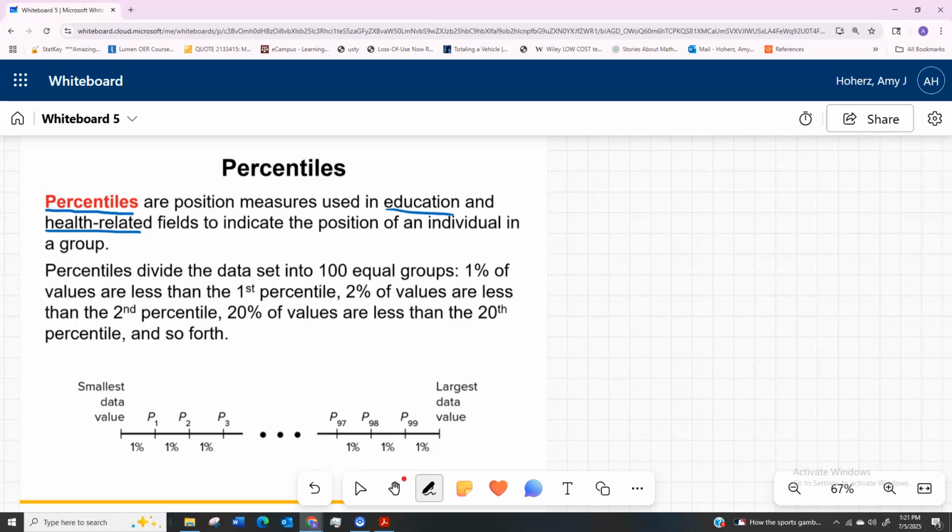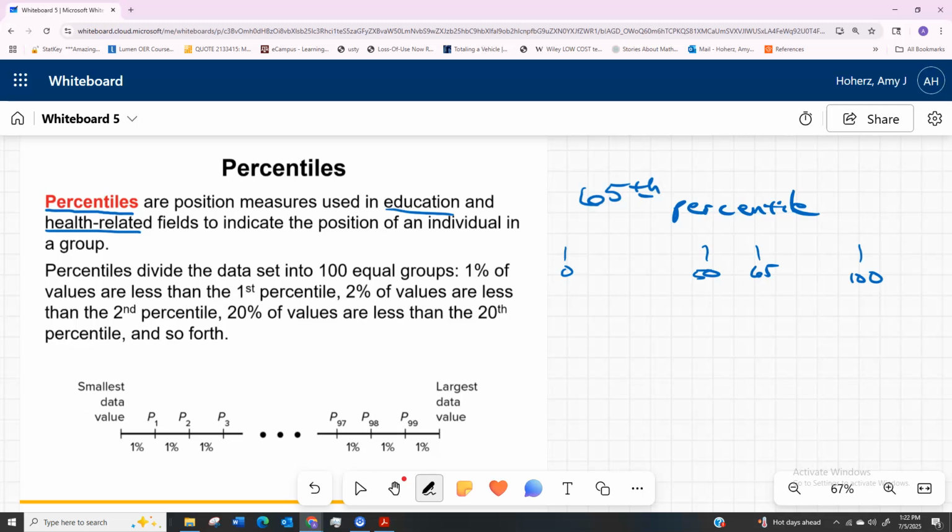So it will say something like you were at the 65th percentile. Well, what does that mean? Well, that means that if you took a sample of 100 students, say this is the 50th percentile, this is the 100th percentile, you would have scored better than 65 of those students.